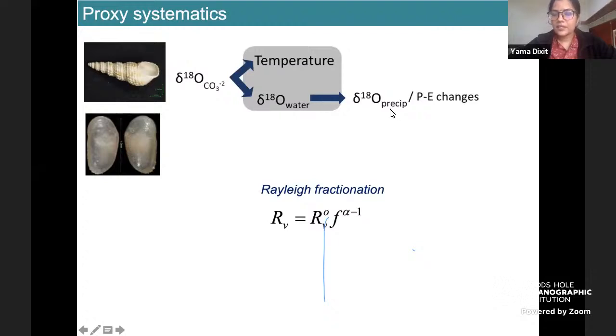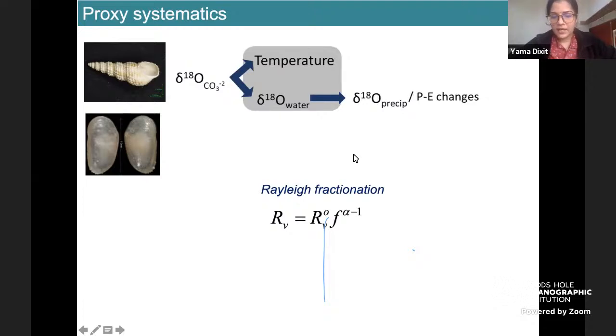And this in turn is governed by the oxygen isotope of rainfall that was falling in the lake as well as the catchment, and also by the precipitation and the evaporation. So how P by E changed during that period.